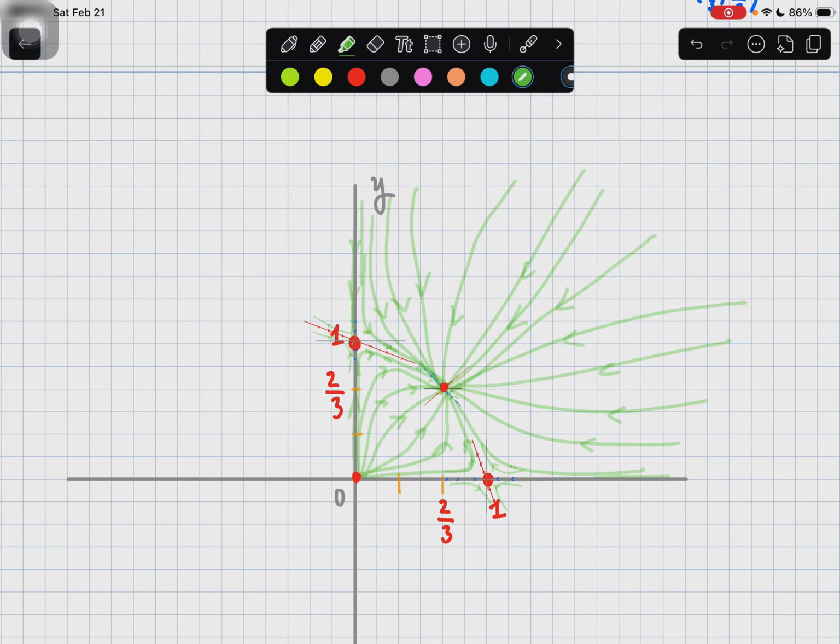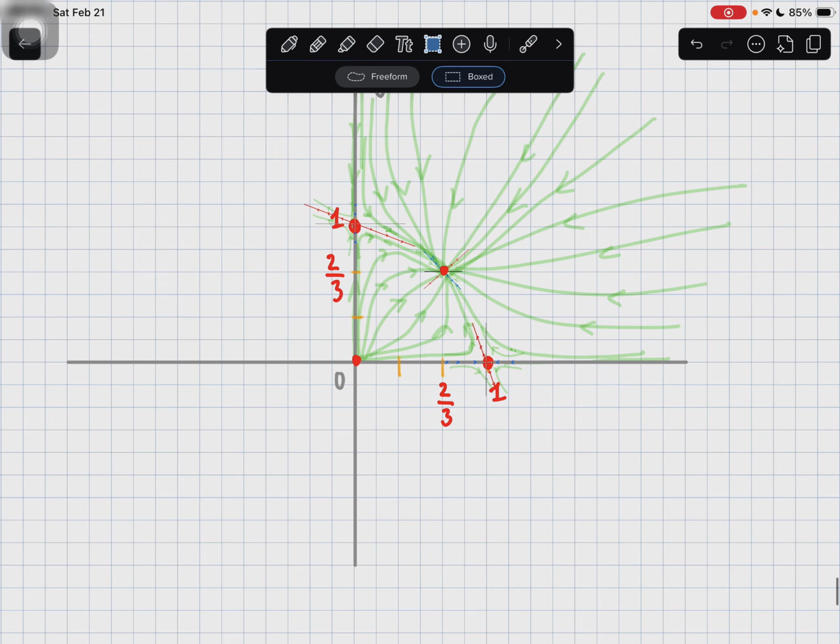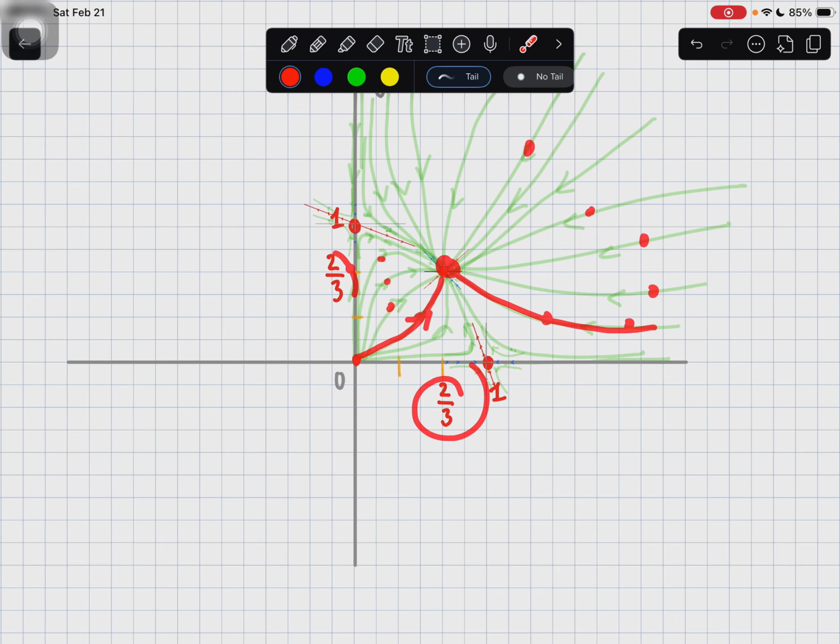So here's my sketch. In this case, you see that if you start everywhere here, at any initial condition, eventually the population will sink to this critical point, 2 over 3, 2 over 3. So the two populations can coexist in this case.